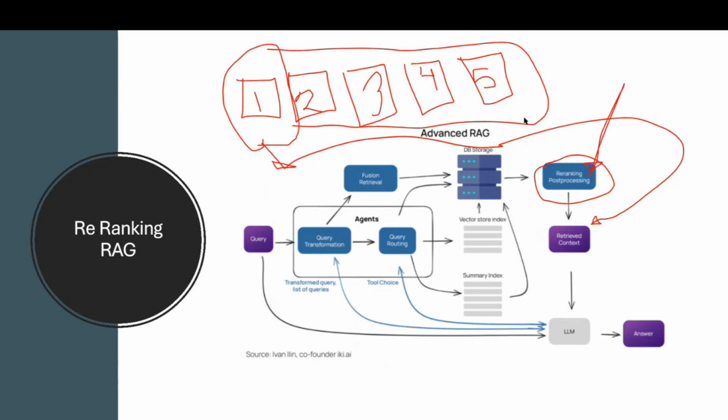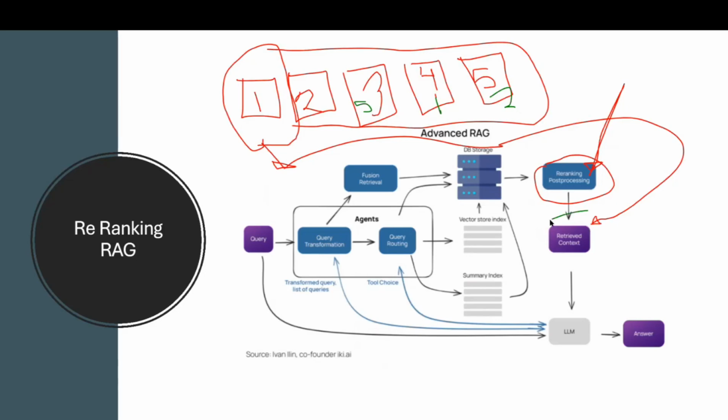In that, it found out that the fourth one should be the first one. Okay, so it might happen it thought the fourth one should be the first one, the fifth one should be the second one, the third one would be the fifth one, and so on. So basically it might change the rank.